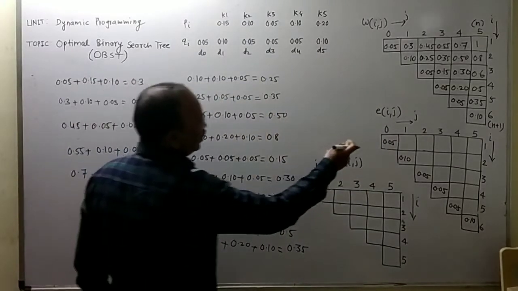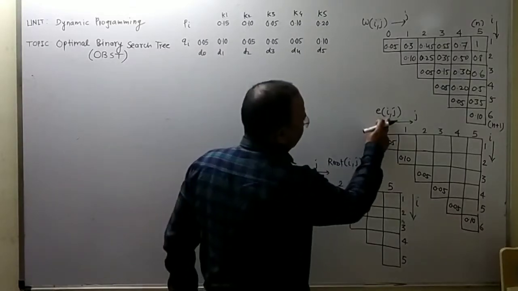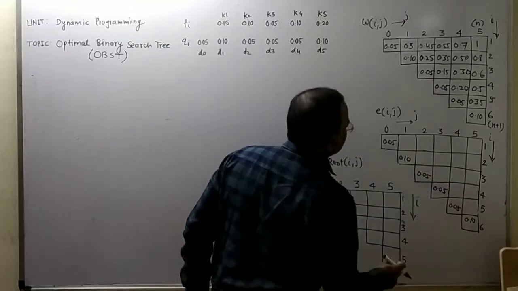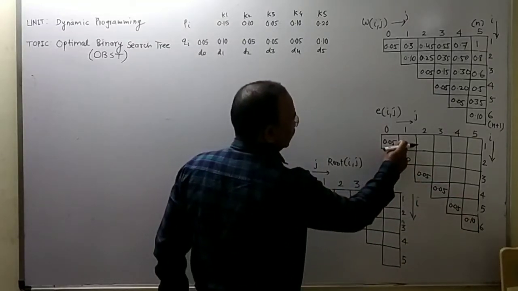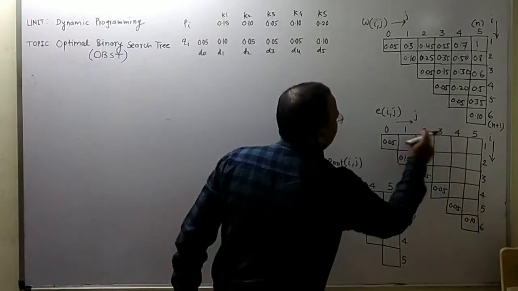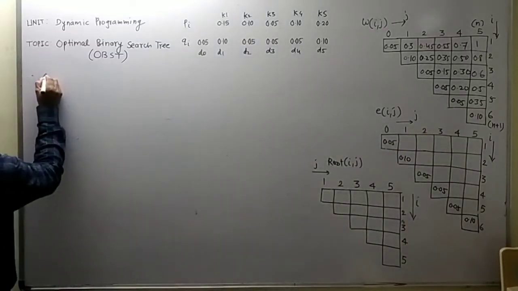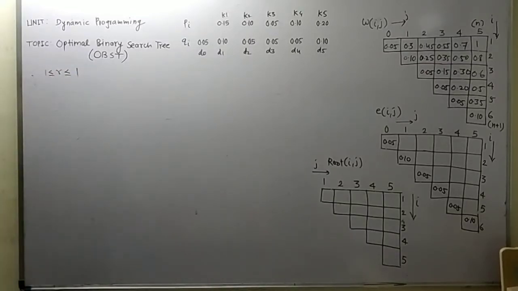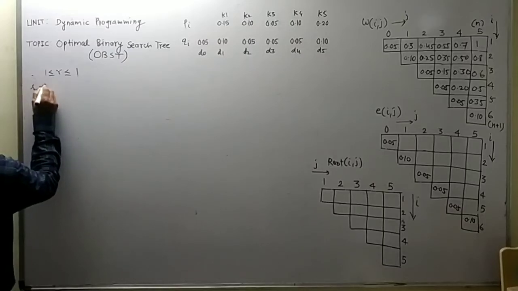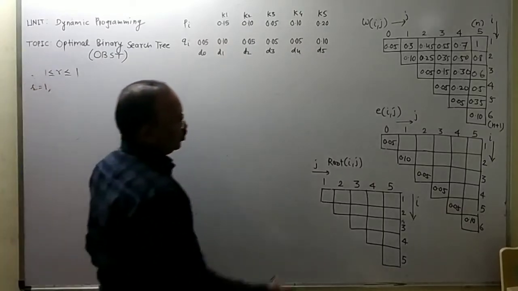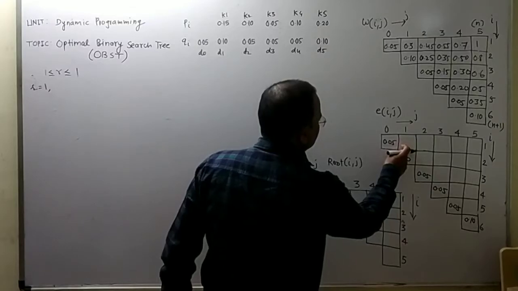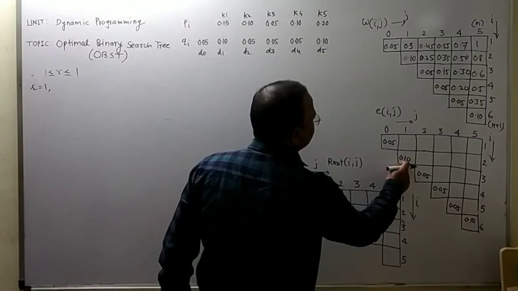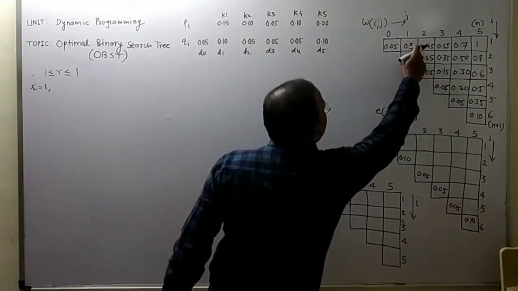Now try to develop E table. For E tables, we have to fill up the cells row wise. First we will fill up this cell, that is 1 cell, means 1 is less than or equal to R less than or equal to 1. So R is equal to 1. We have to add the left value and the down value with the value at 1 cell in W tables, that is 0.3.